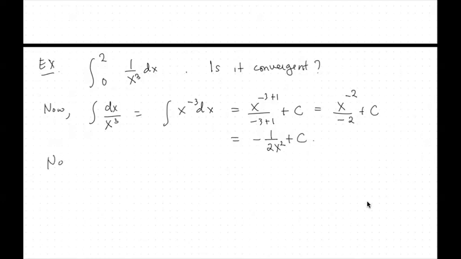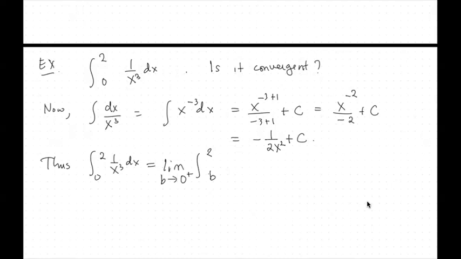Now we write this as a limit, the integral from b to 2, where b approaches 0, and it is defined at the right of 0, so it's 0 plus.